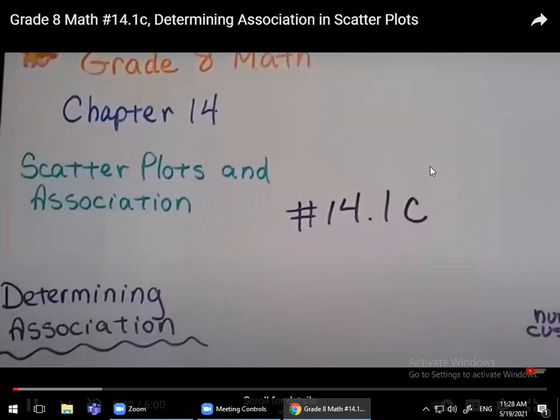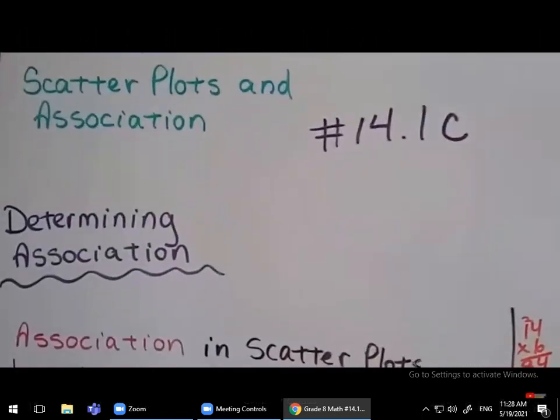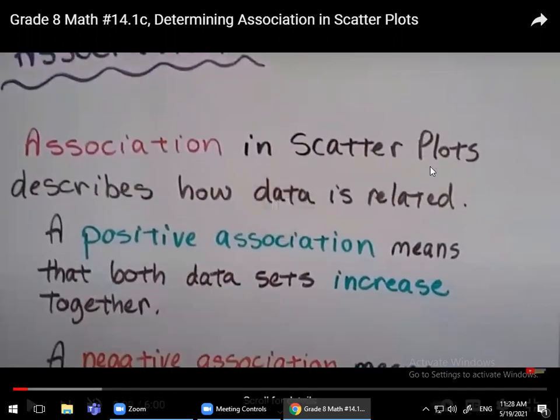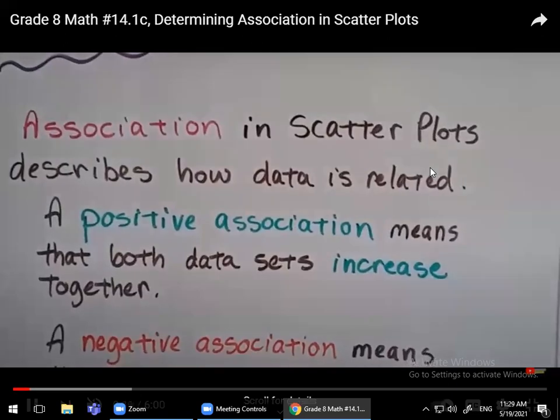First, we have to know how we are going to determine association. Association in a scatter plot describes how data is related. So association means relationship. Positive correlation, or positive association, means that both data sets increase together.